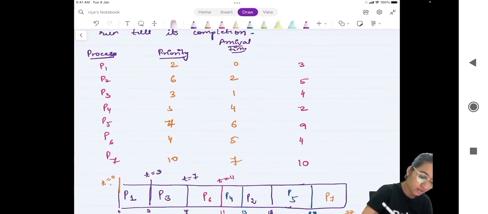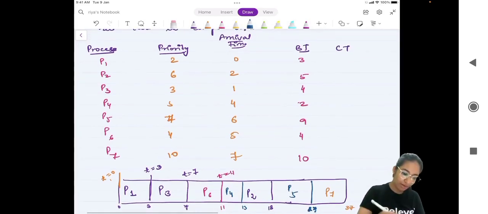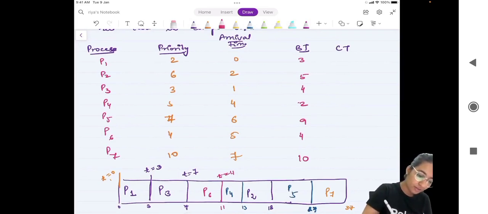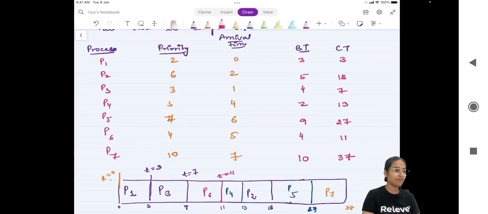This is the burst time, this is the completion time. The completion time for P1 will be 3, for P2 it will be 18, for P3 it will be 7, for P4 it will be 13, for P5 it will be 27, for P6 it will be 11, for P7 it will be 37.